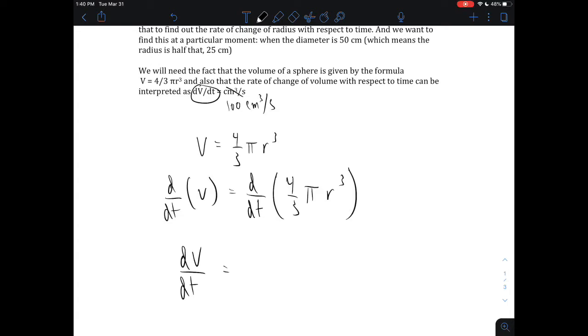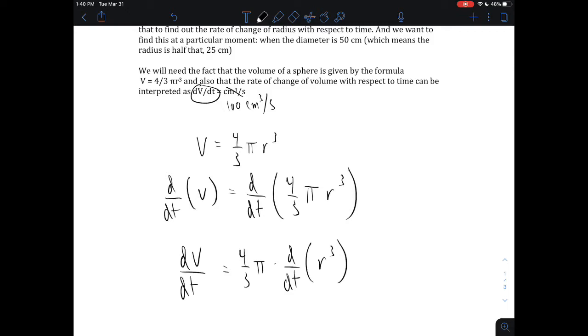On the right-hand side, the 4/3 and the pi, those are constants. So we can factor those out. And now we just need to take the derivative of r cubed with respect to t.